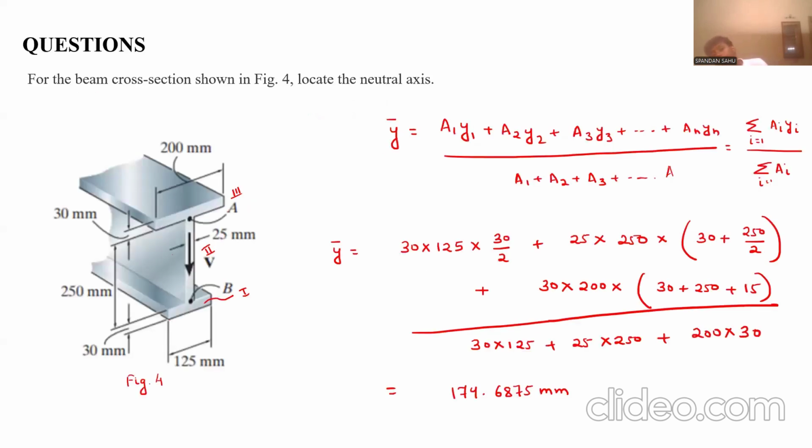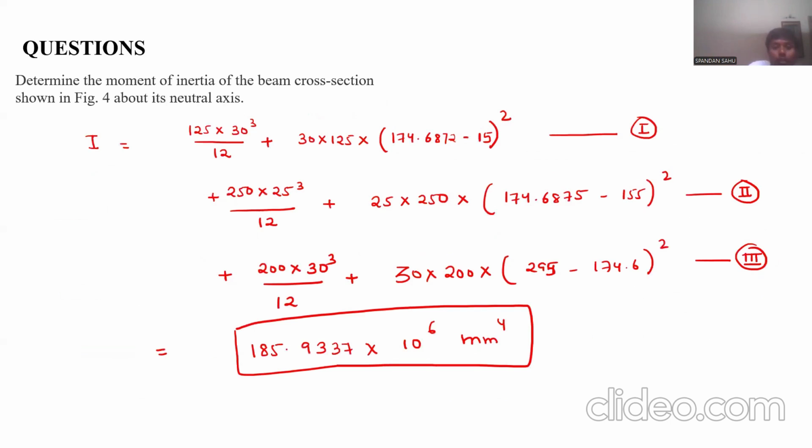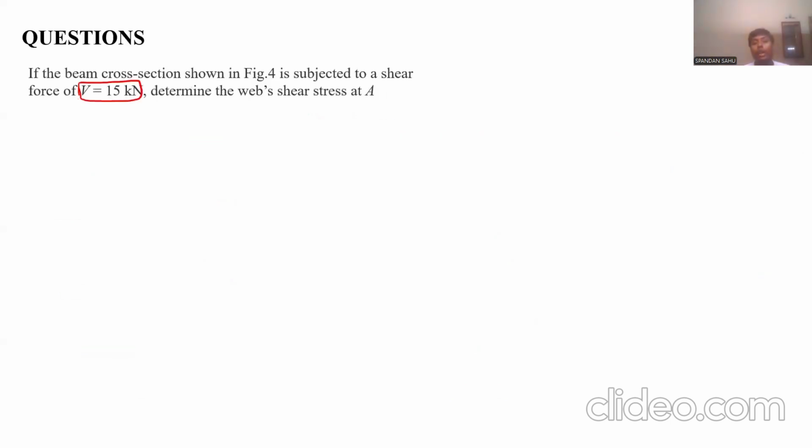A is the line sandwiched between the top flange and the web portion. So there we have to determine the web's shear stress.